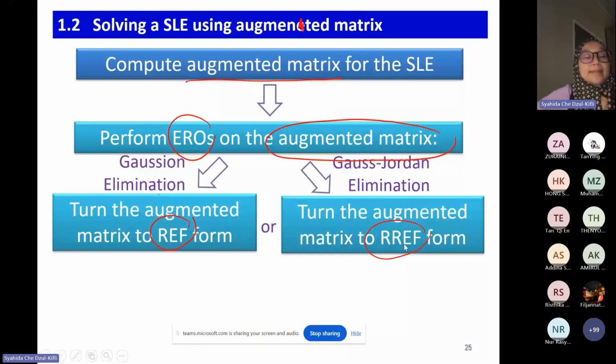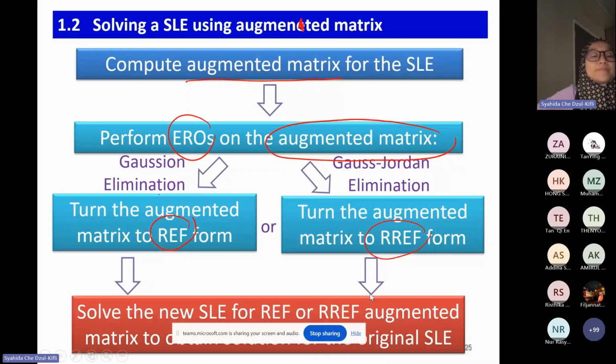Whenever the matrix is in this form, we can easily solve it. We are going to see that later on. This is just the picture of how we're going to solve it.